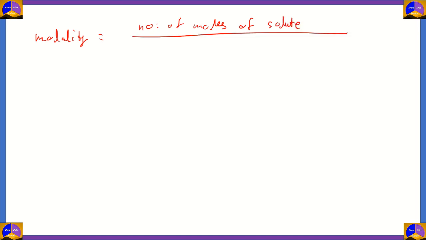Next, we need to find molality. Molality is represented by the formula number of moles of solute divided by the mass of the solvent in kg. Number of moles can be calculated as given mass by molar mass.